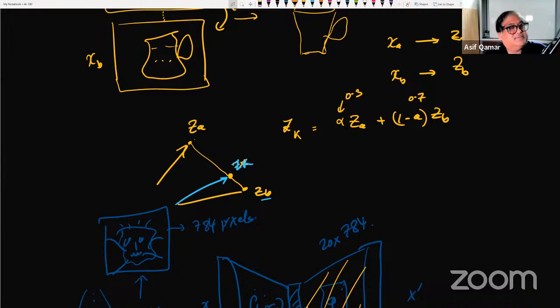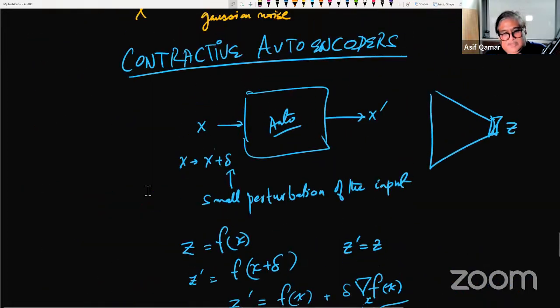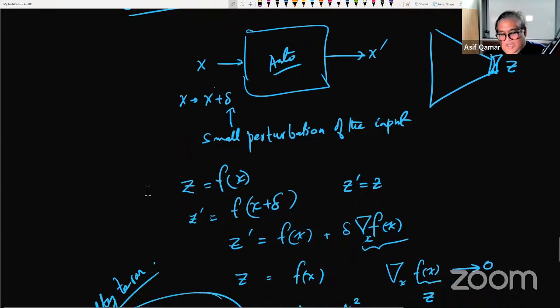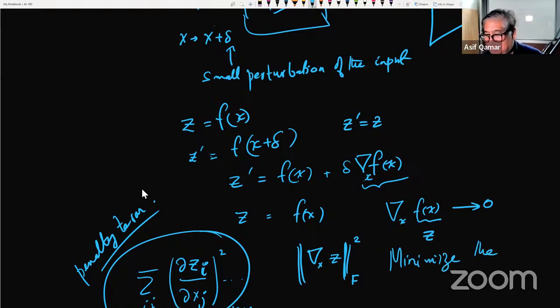So we go to the last one, the contrastive one. Just a bit of the math there. G prime of f of x plus delta gradient f of x. All you say is minimize, so let me put it in words: minimize the Frobenius norm of the Jacobian.